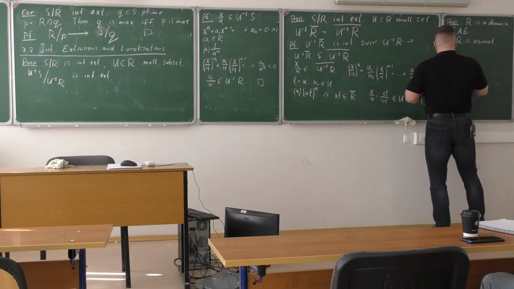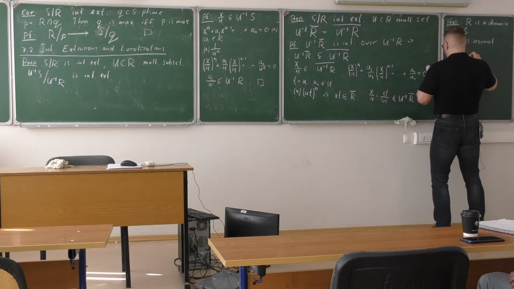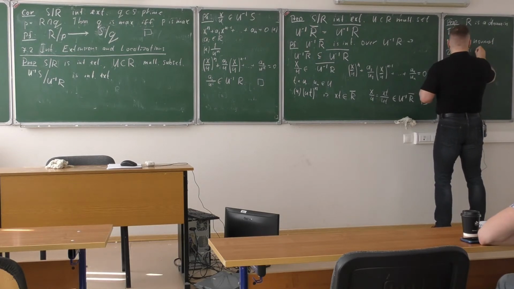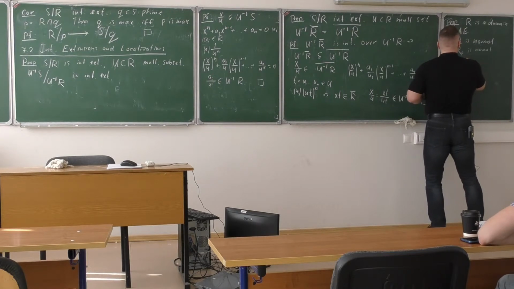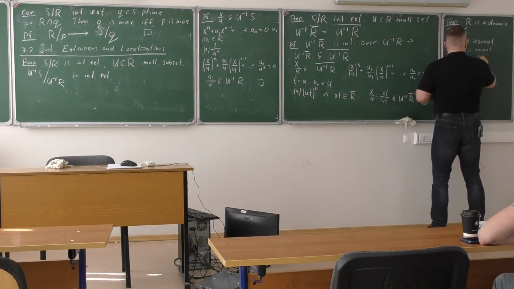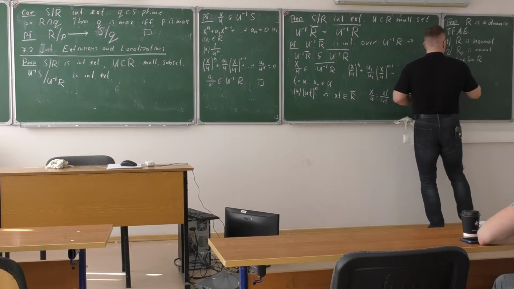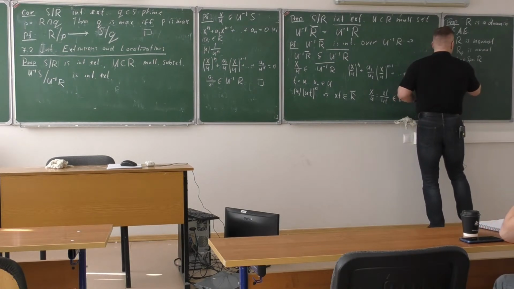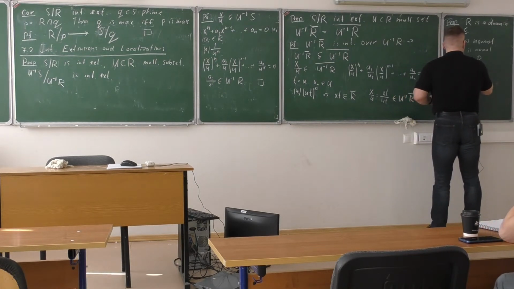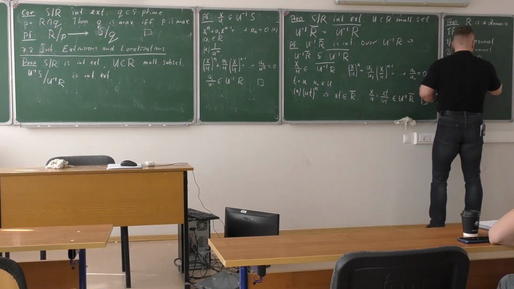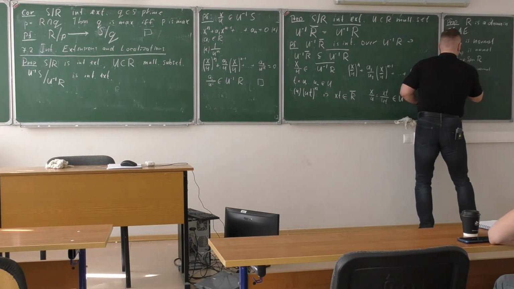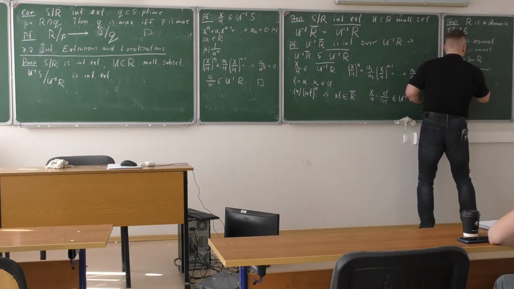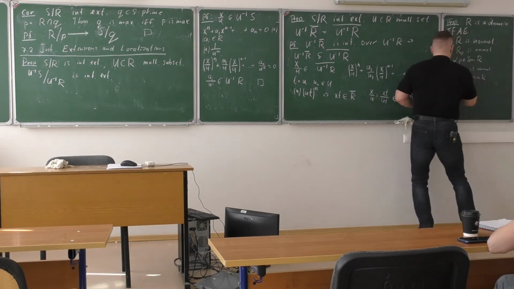Second, the localization at prime ideals is normal, so this is for any p in Spec R. And third, of course, the localizations at all maximal ideals are normal, so this is normal for any m in Max Spec R.